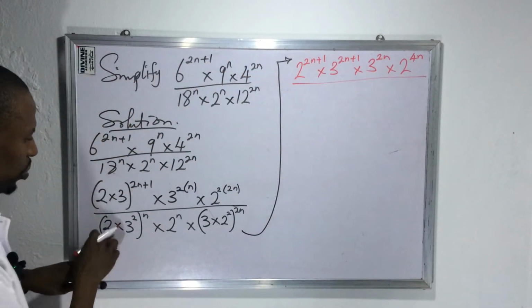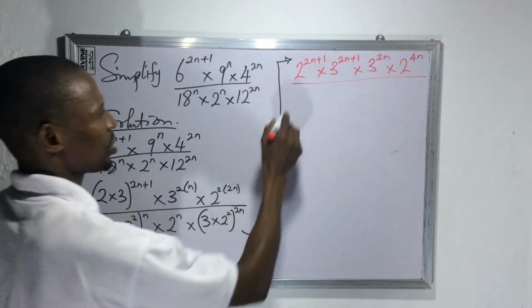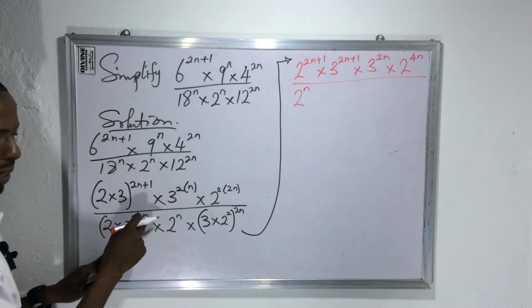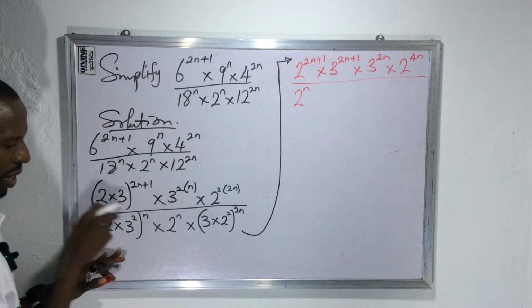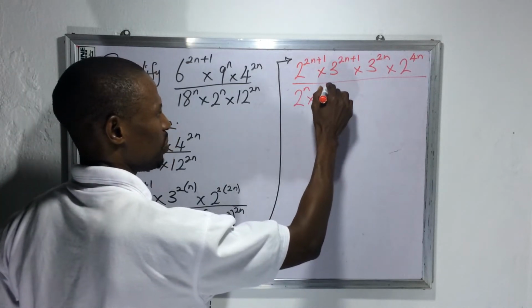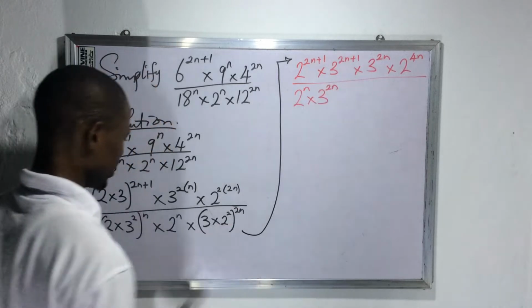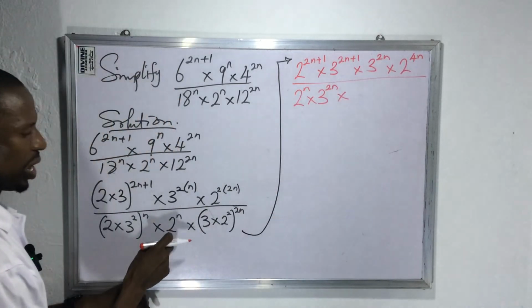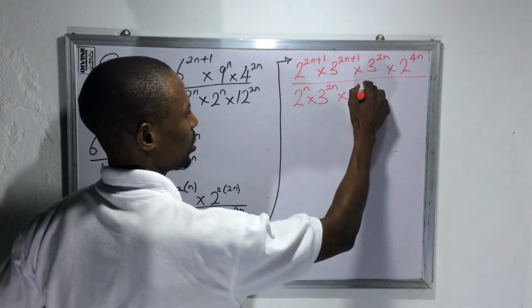We come to the bottom and do the same. So here we have 2 to the power of n, and we multiply the powers to give us times 3 to the power of 2n, then times 2 to the power of n on its own.